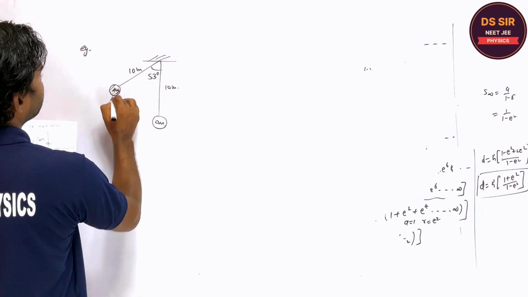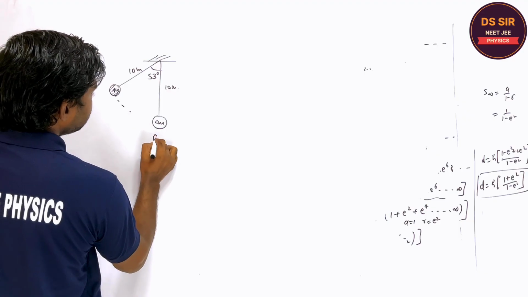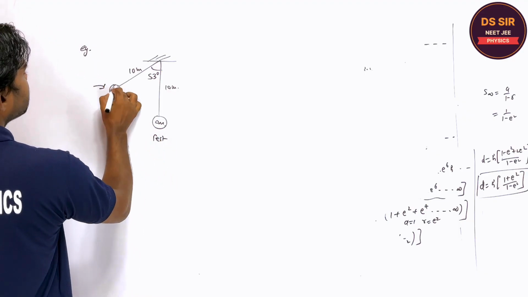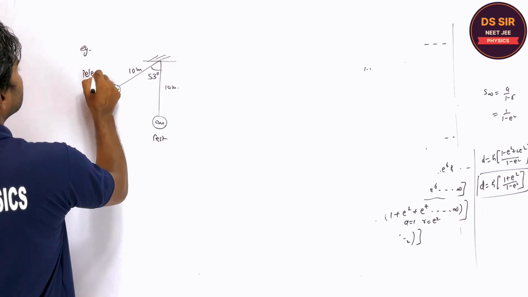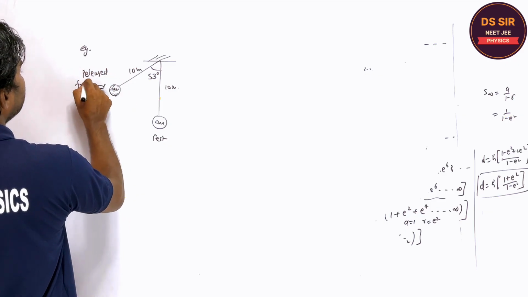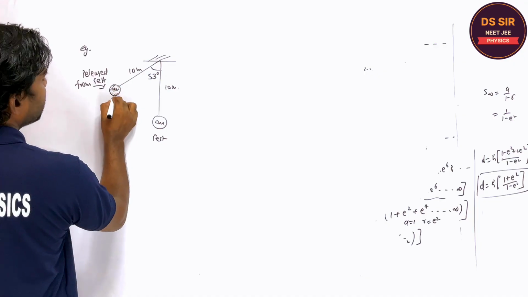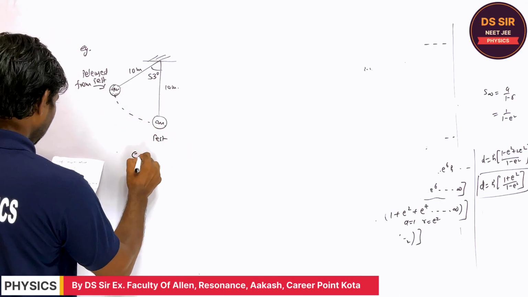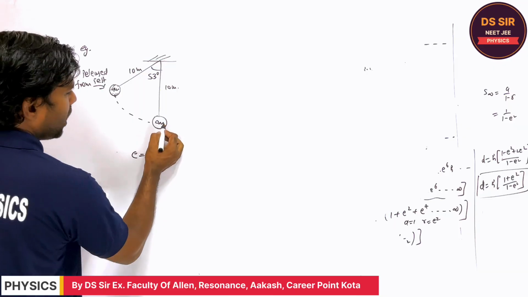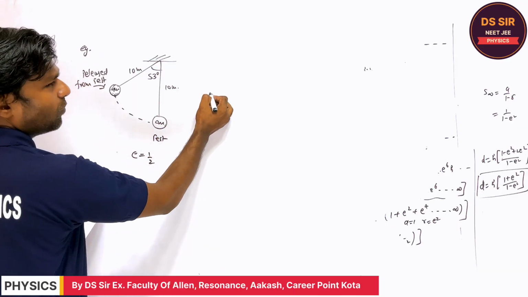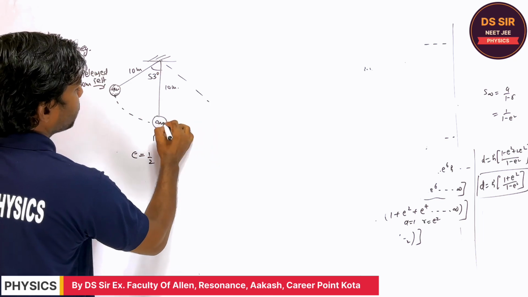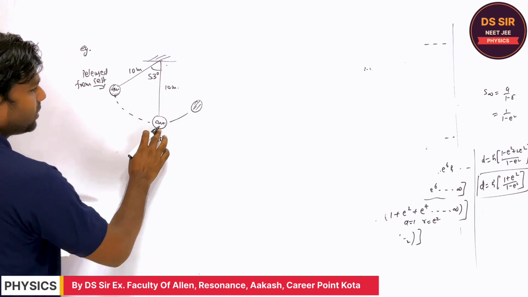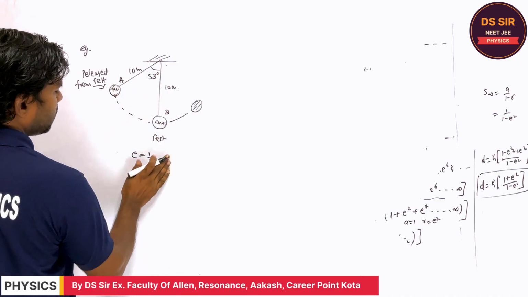It is released from rest, so what will happen? It will move and it will collide. If the coefficient of restitution is 1 by 2, after collision it will move in this direction and rise up to some height. So you have to find the height raised by the B ball, suppose this is the A ball.